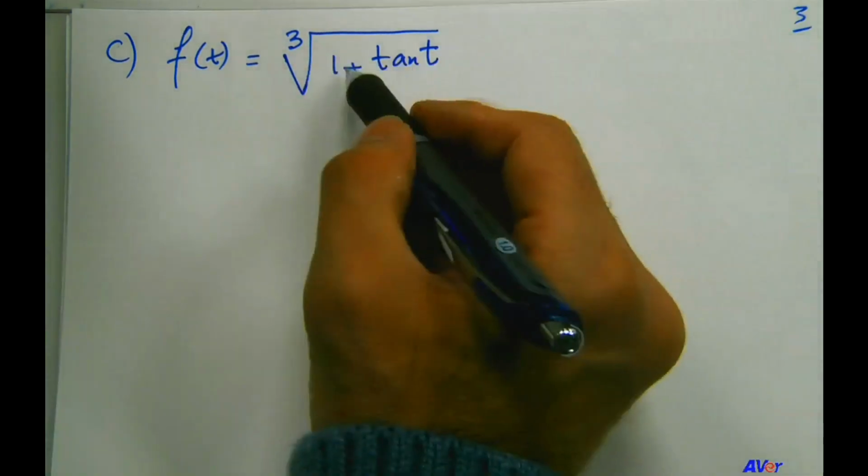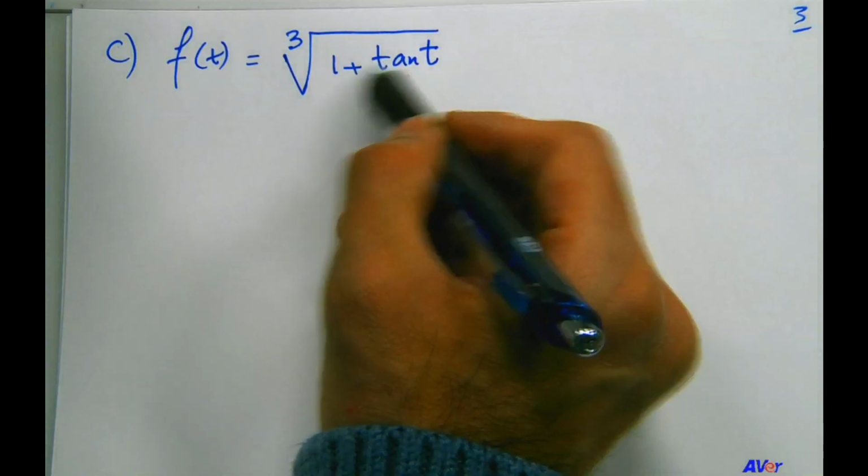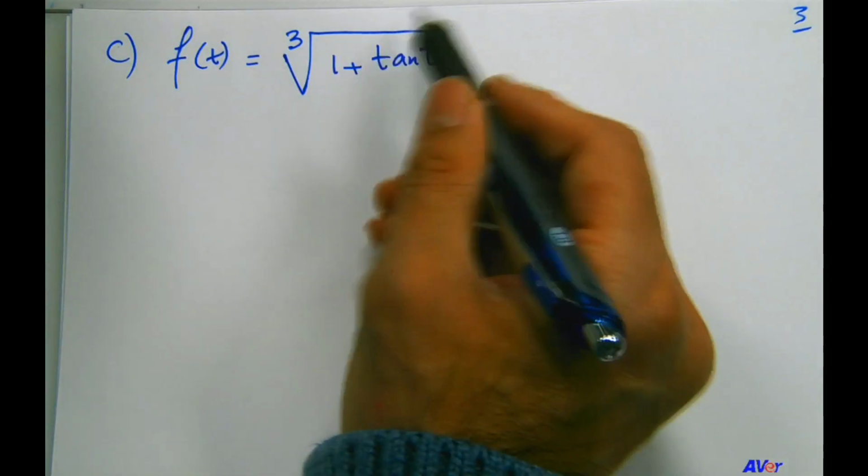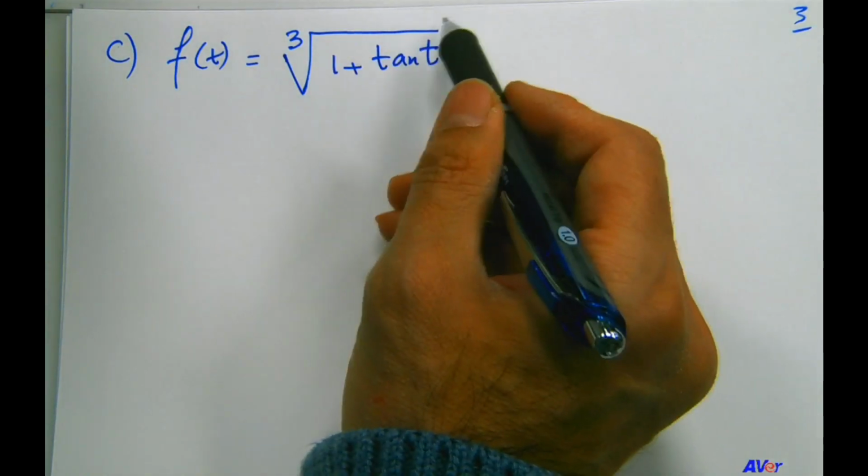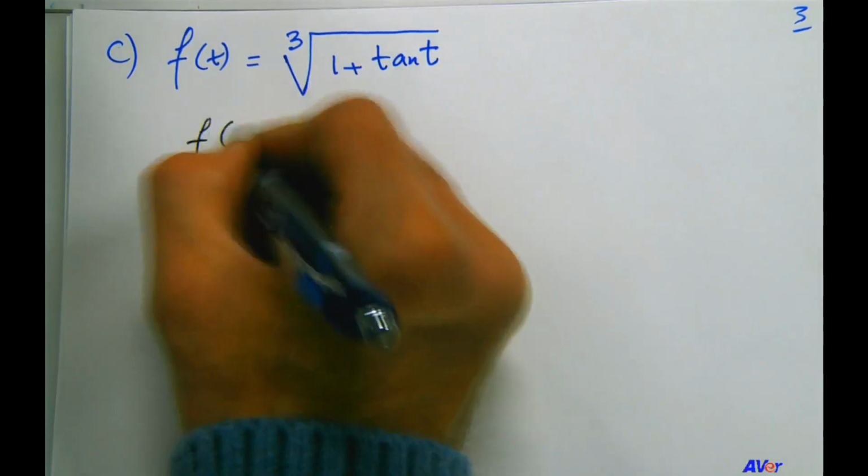Okay, just like before, let's write this expression in terms of a fractional exponent or rational exponent. It's easier that way to find the derivative. So let's do that first.